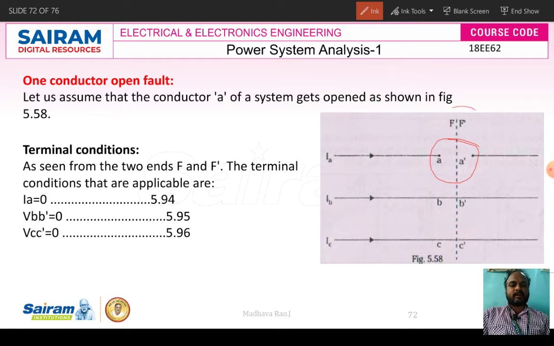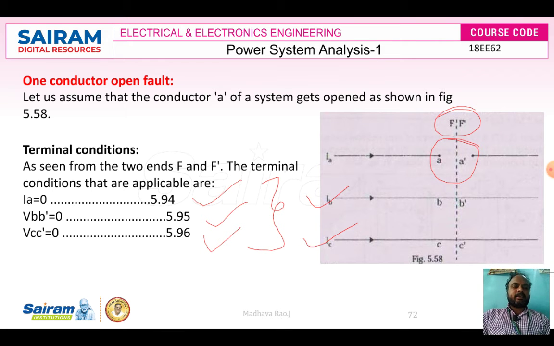In this condition the current flowing in the A line will be equal to 0, since it is open and the current will not flow. Similarly, the B and C voltages are equal to 0: VB dash and VCC dash are equal to 0. These are the terminal conditions.